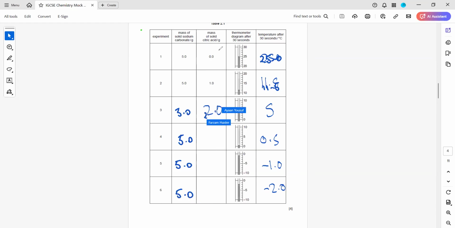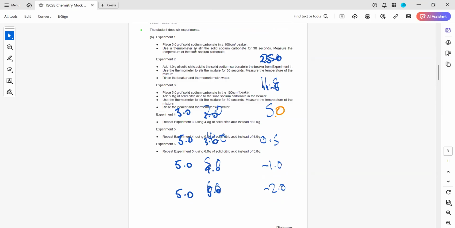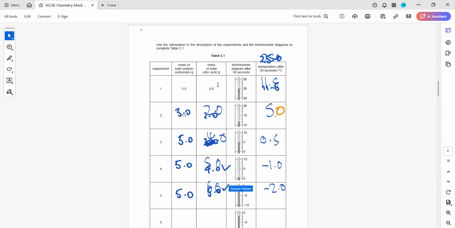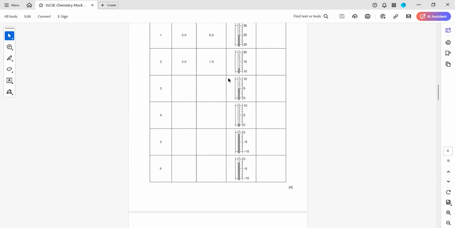Mass of citric acid: 1 is there, then 2, then 4, 5, 6. And these are the temperature changes, so you have to complete accordingly.